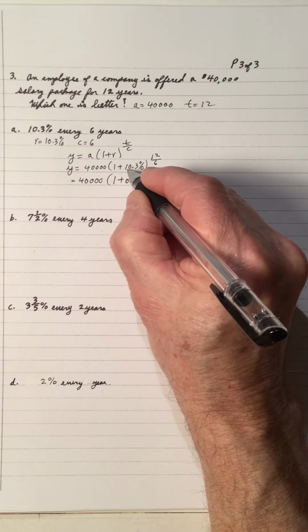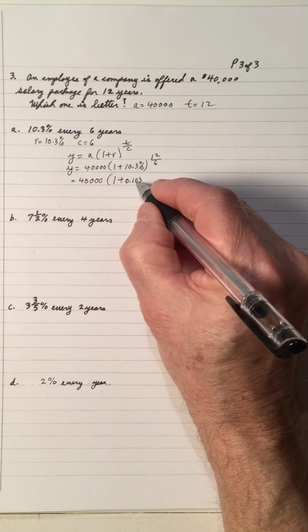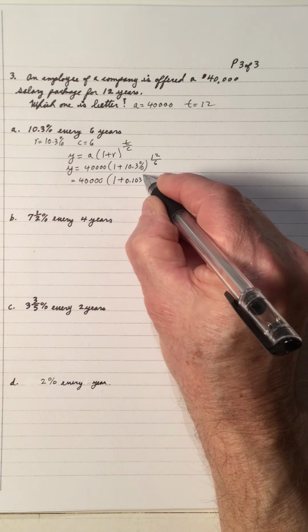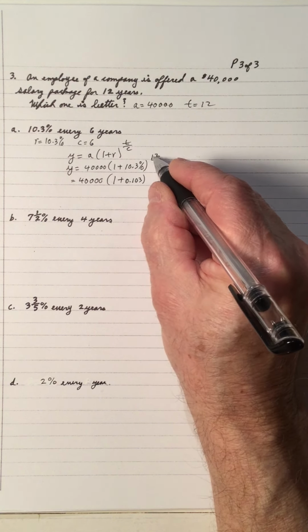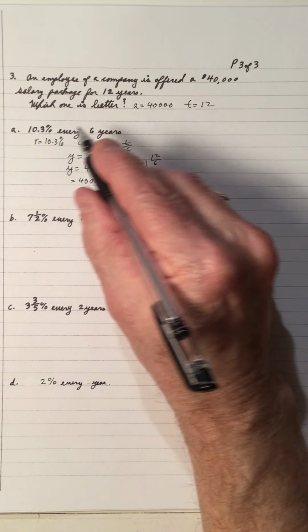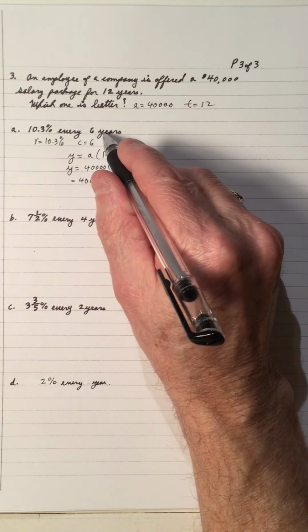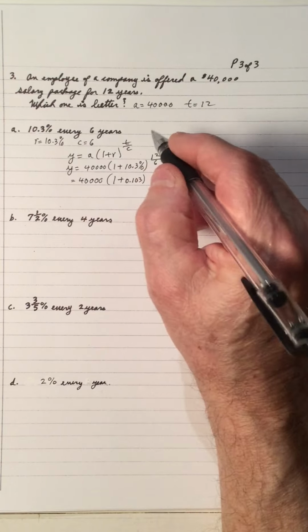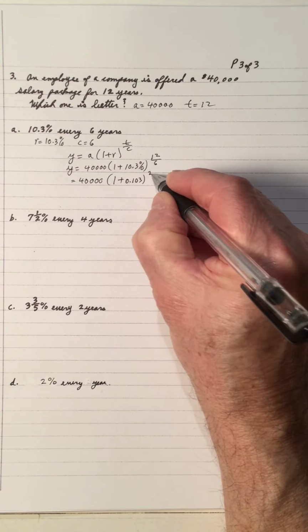The decimal moves 2 places to the left, and it's for 12 years, but this percent is for 6 years, and then you get 10.3% for the next 6, so that's happening twice.